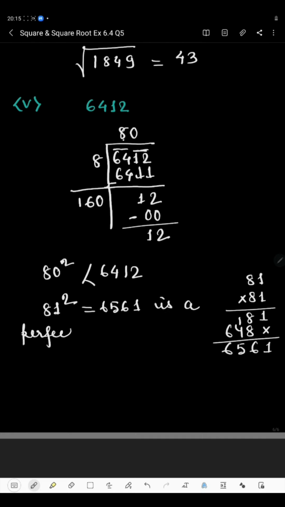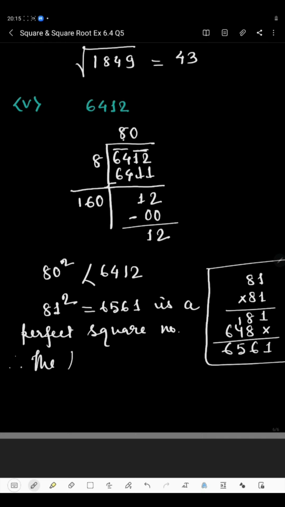Now we will have to find what least number is to be added to get a perfect square number. So here we have got 6412 and here we have got 6561. So what should be added to this number to get this? So therefore the least number to be added, how to find this number?